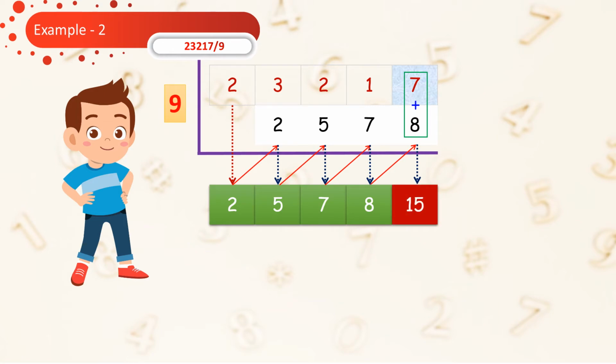If you look at the remainder, 15, the remainder is greater than the divisor, which is 9. So in these cases, you need to repeat the process of division again by treating the number 15 as the new number.